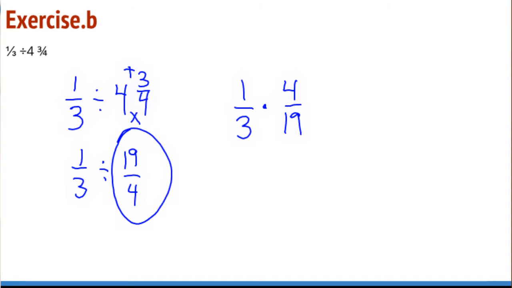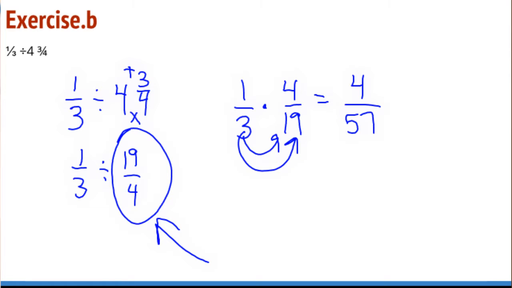Now it's important that we recognize that when we use the invert and multiply rule, it is always the divisor that we are inverting. It is not the dividend, it is the divisor. And 1 times 4 is 4, and 19 times 3, what does that give us? 57. 3 times 10 is 30, plus 27 more, 57. 4/57ths.